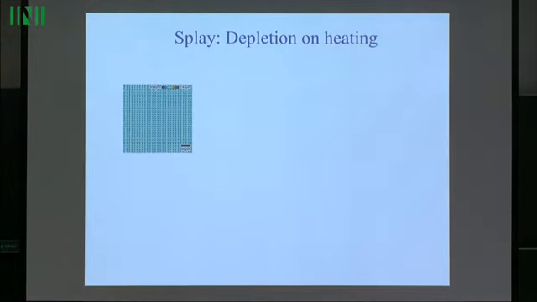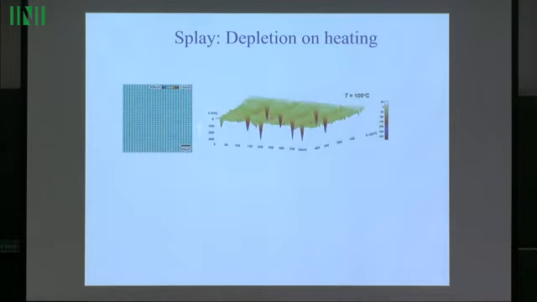Now, if you take a structure in which +1 defects are of the splay type and do the same thing, prepare them as flat films, and then heat the material up, you would observe totally different behavior. This is a special microscope mode that shows you as if you were looking from beneath the film.